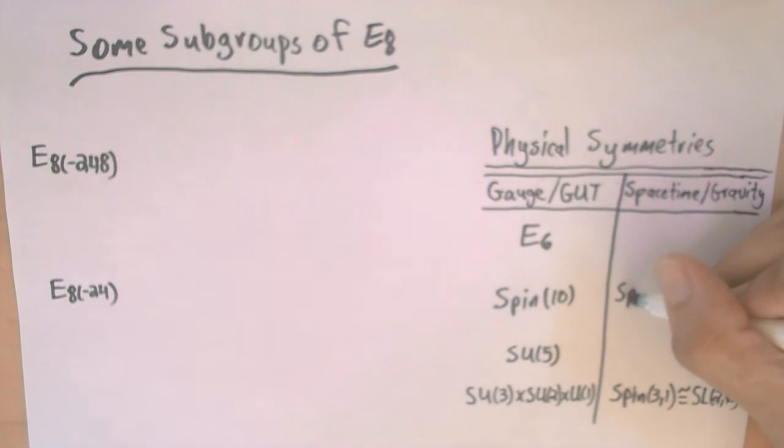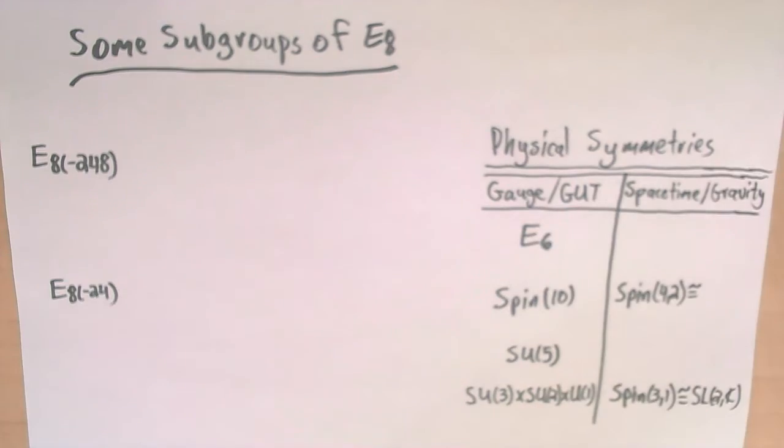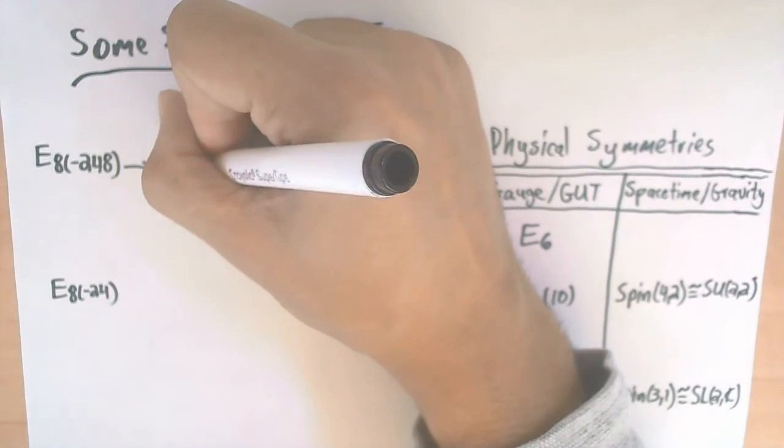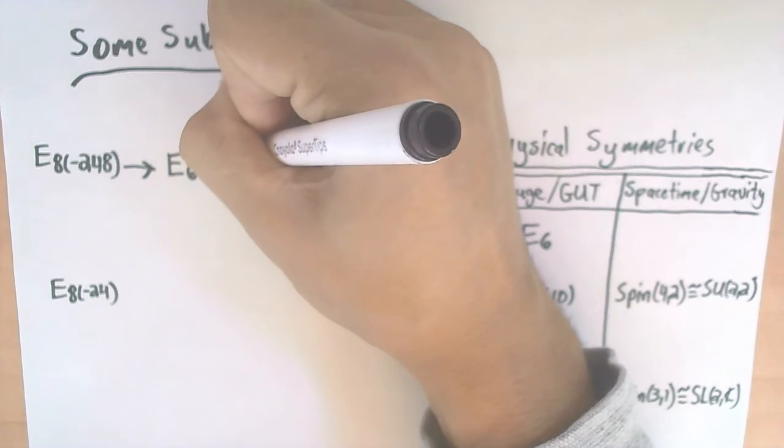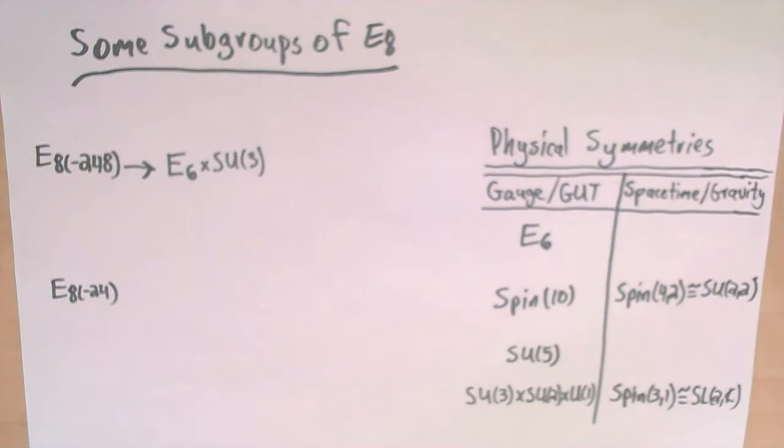The conformal group in D equals 3 plus 1 is given by Spin(4,2), which is isomorphic to SU(2,2). Starting with the compact real form of E8, the E8 GUT model focuses on breaking E8 to E6 cross SU(3), followed by Spin(10) cross U(1) cross SU(3).